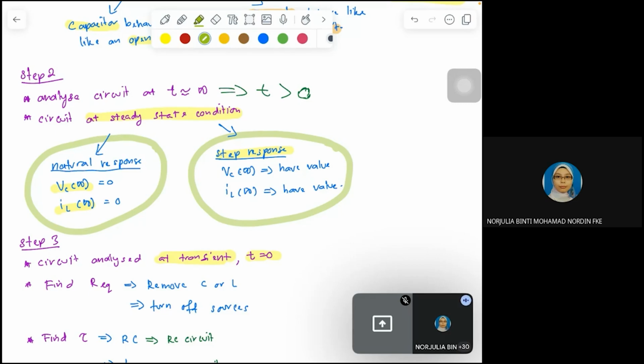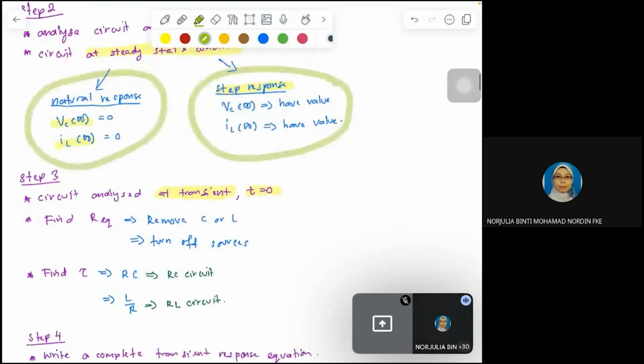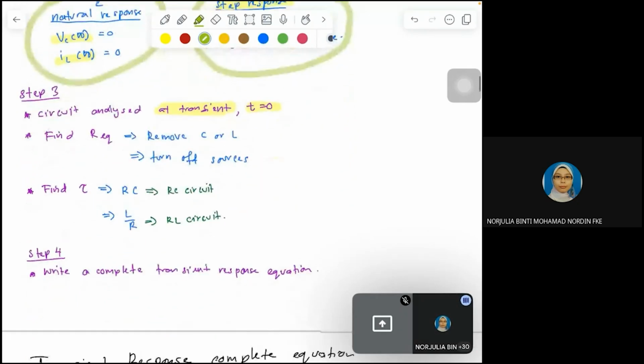After step two, the next step that you need to do is step three, where we are analyzing the circuit at transient.